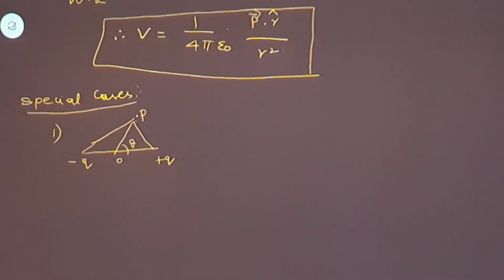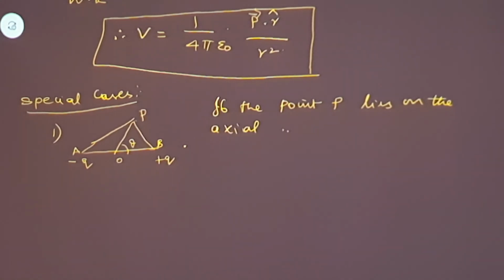See, if you are considering the point P lies along this axial line AB, and if the point P is along the line nearer to this positive charge, somewhere here, then what will be the potential? That is the special case. If the point P lies on the axial line nearer to the positive charge plus Q, then what will happen?